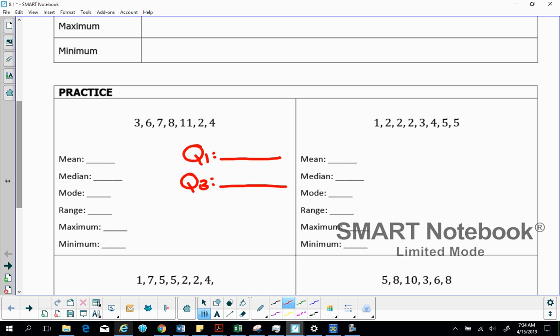You're just filling it in right from your calculator. You already typed all this stuff in. And you do second, data.